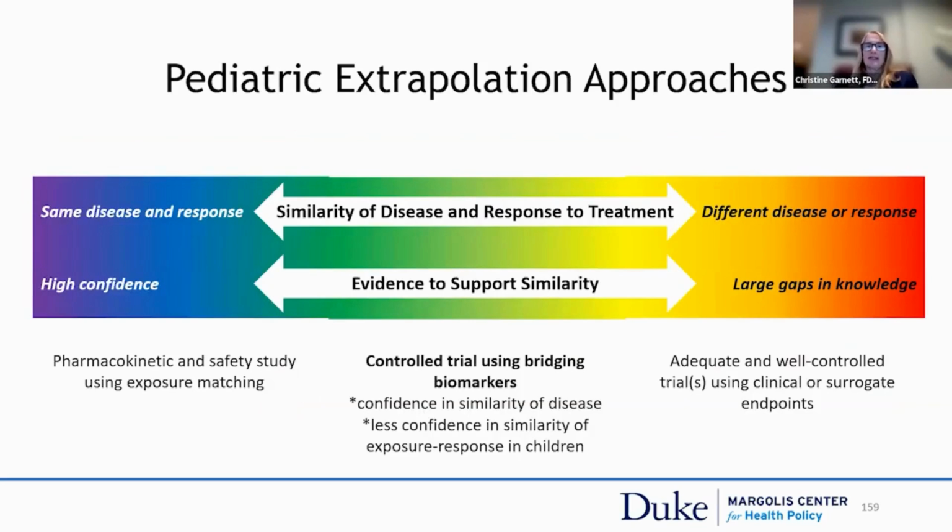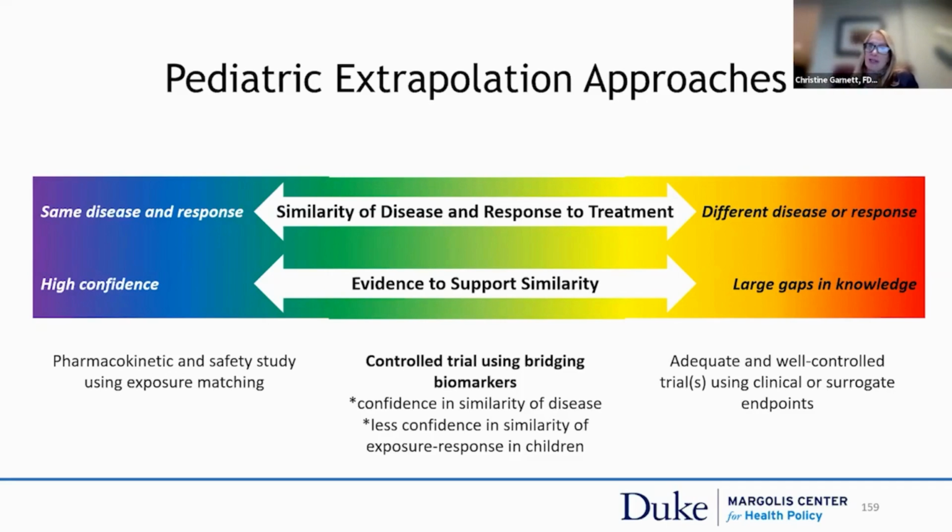So the types of extrapolation approaches, you can think of them as reflecting a spectrum of dissimilarity and similarity of disease and response to treatment. So if there's a high confidence in the similarity of both the disease and the response to treatment, then pediatric extrapolation approach could include a pharmacokinetic study to show similar exposures in pediatrics to that of adults.